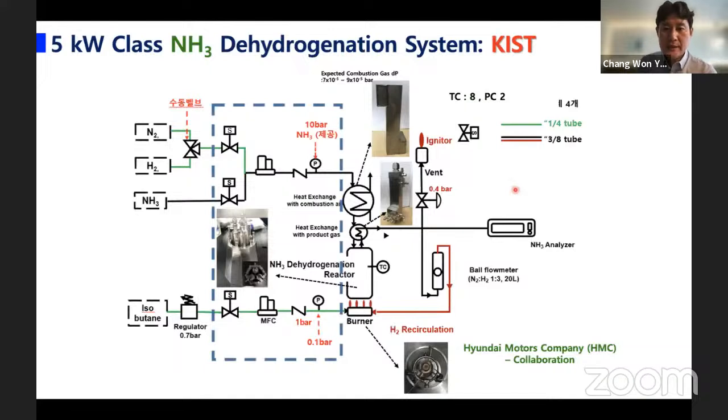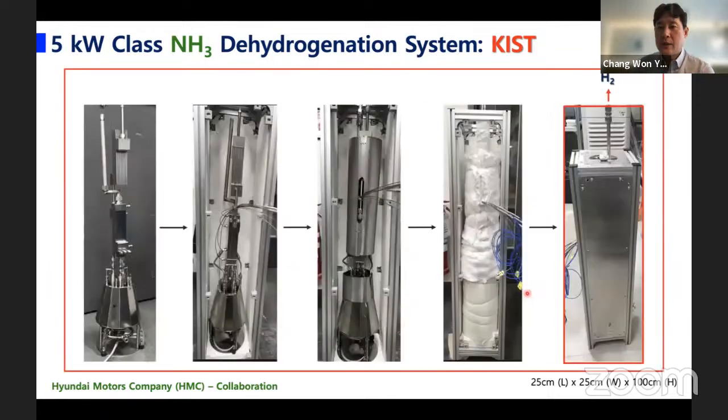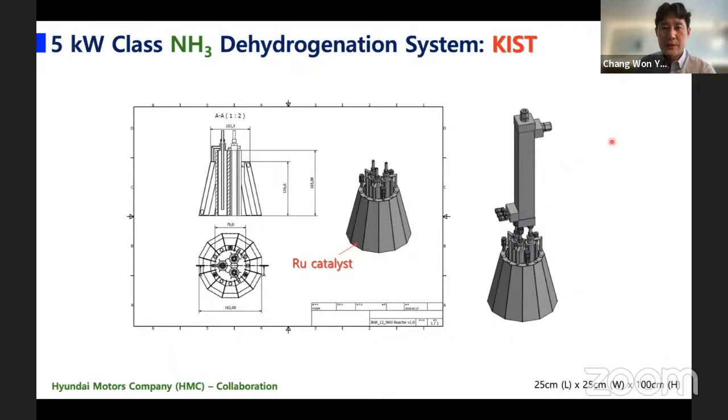And Hyundai Motors asked me to scale up our concept. So we made these types of reactor, and the ruthenium catalyst is equipped inside, and ammonia passes through this reactor to produce hydrogen. The dimension is not really big, it's 25 by 100 centimeters, and it continuously produces hydrogen, which can be used for different applications.